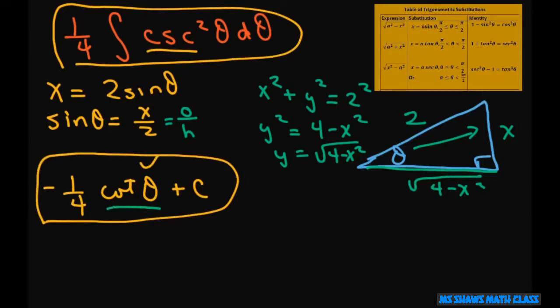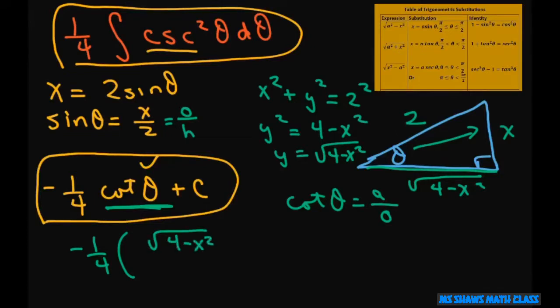So let's look at cotangent of theta. We know that cotangent of theta equals adjacent over opposite. So this is going to be negative 1/4, and adjacent is going to be the square root of 4 minus x squared, and opposite is over x. And then that would be plus c.